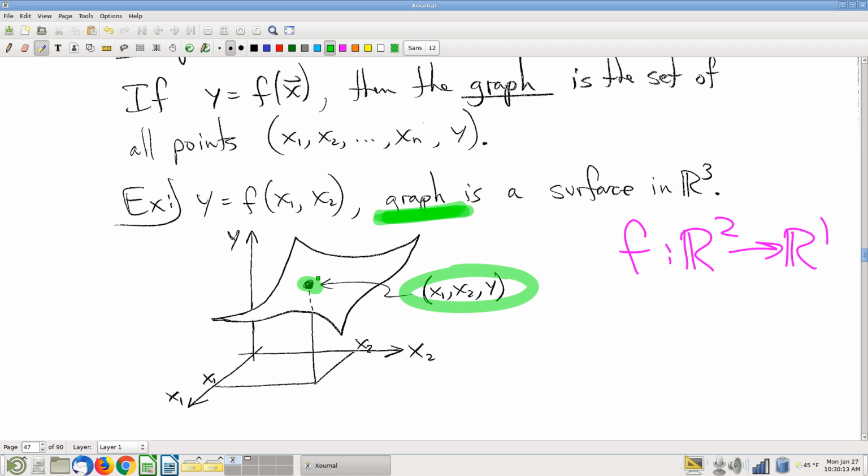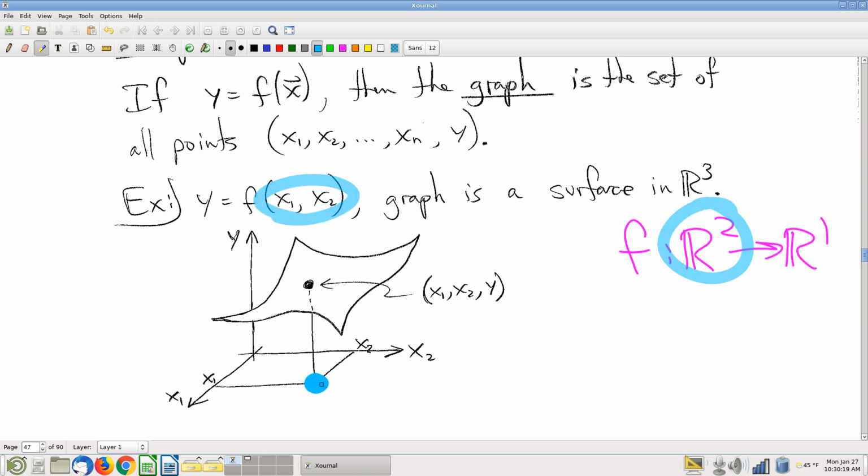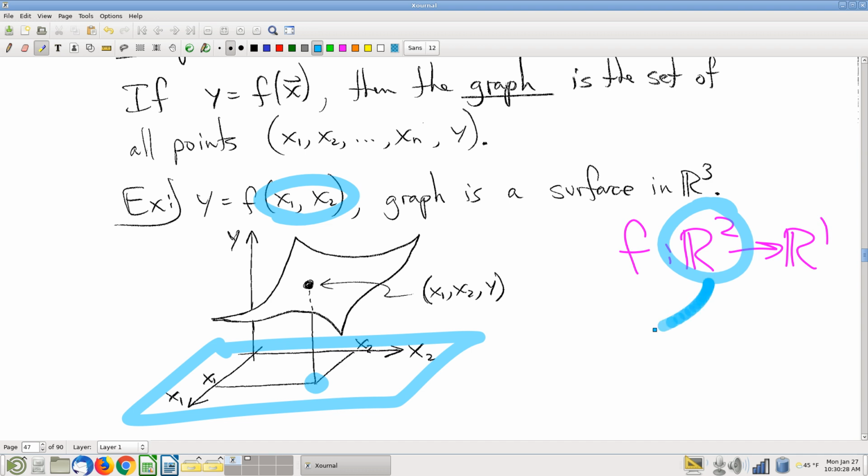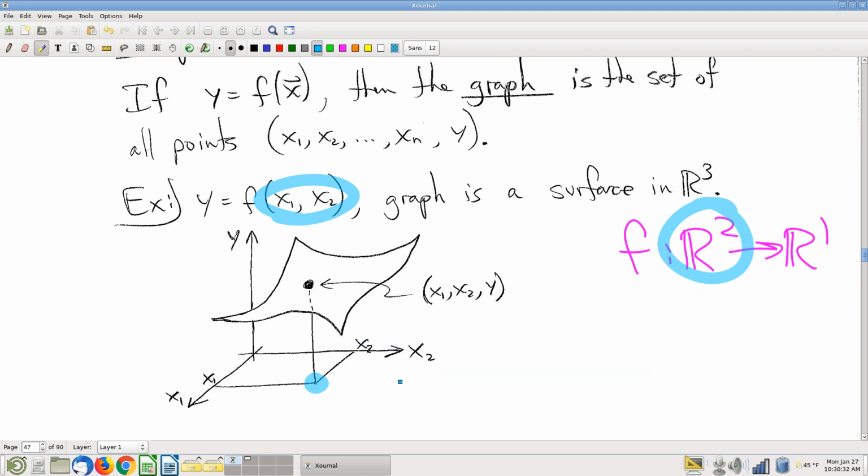And think about the fact that we'll look at every input point, every (x1, x2), and I'm going to sloppily, forgive me for this, draw it as if it's down there. This is kind of sort of R2. It's not exactly, but for every input point, there is a corresponding output value that tells you how far to go up, right?